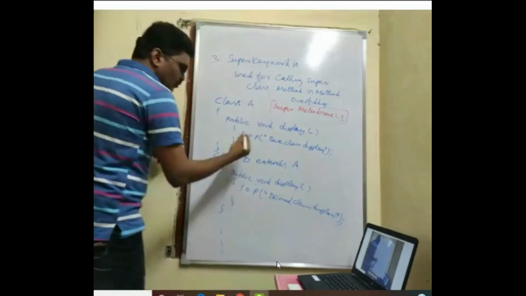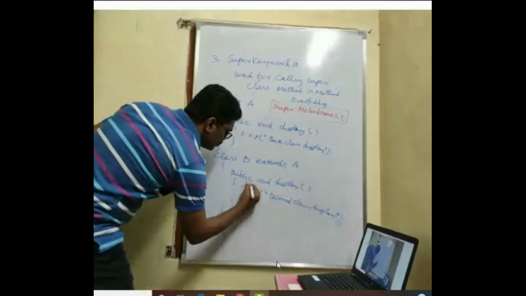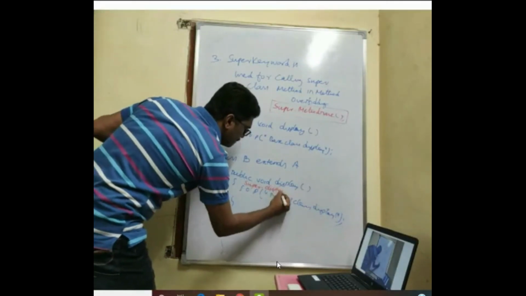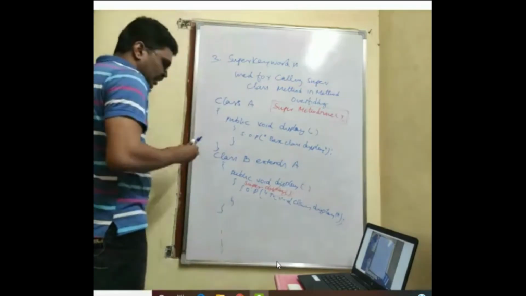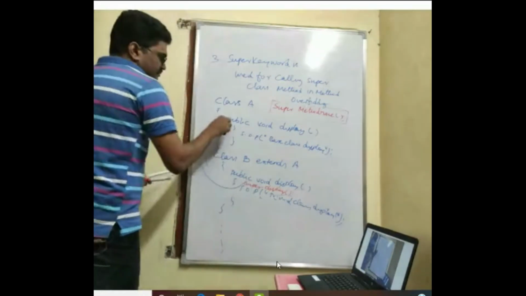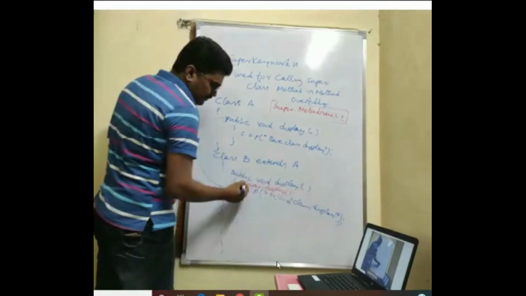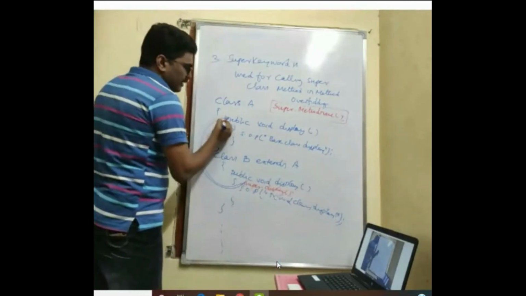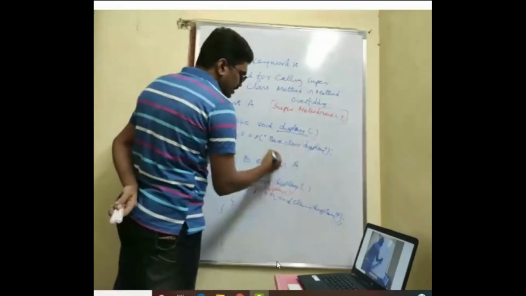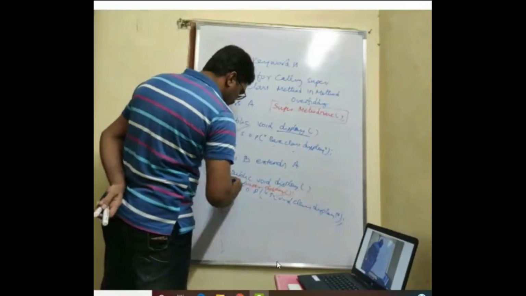So now what I do is here I'll call super dot display. Display is my method name. So now it will go here. Whenever I execute this method, first it goes to the base class, that is the superclass method display, and it will display this. Both the things will get executed.